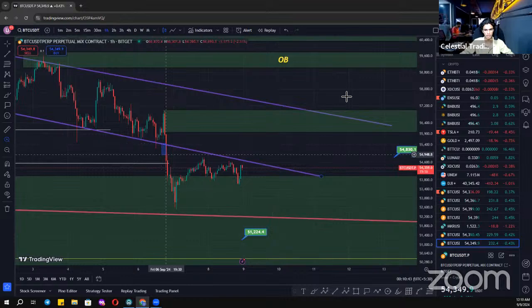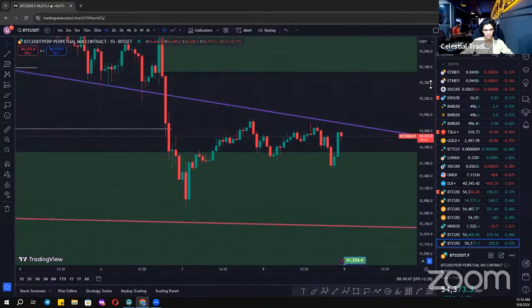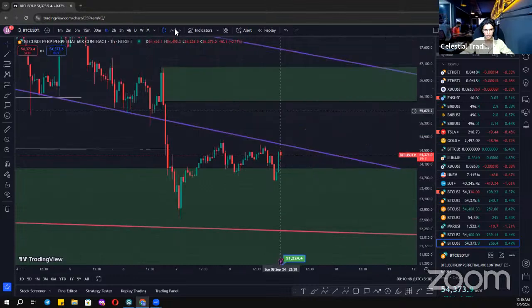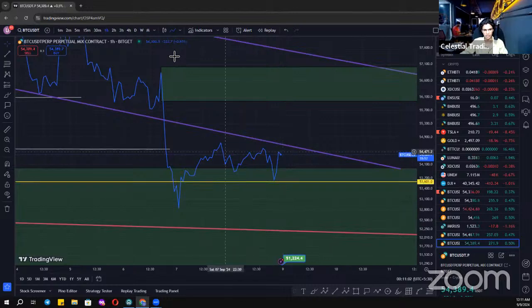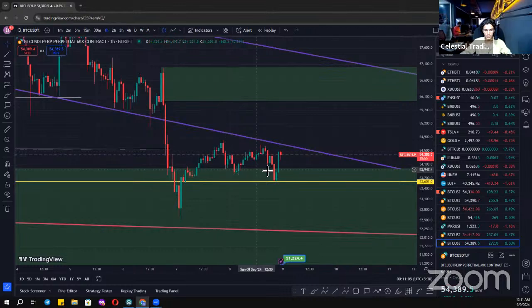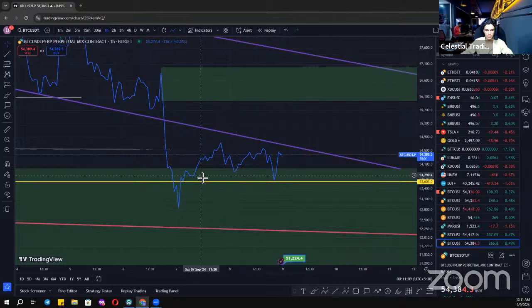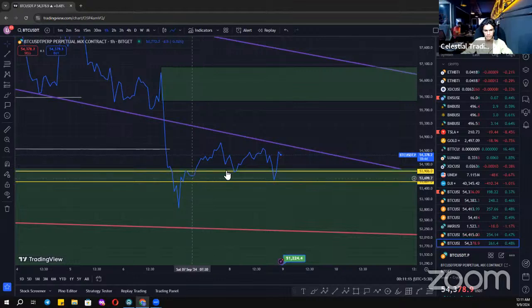Okay, now let's go to 1 hour and we go for the line chart. We can see the price has respected this zone. I see the price has touched, I mean mitigated, 2 times. You can clearly see, right, how wonderful it is. And this area also was a resistance when the market was here.